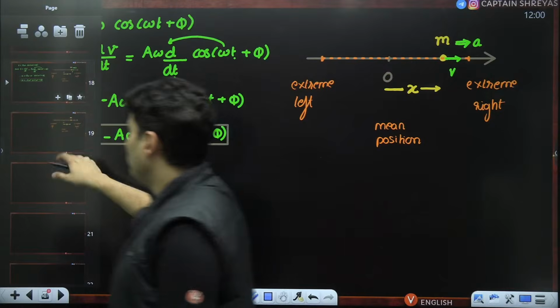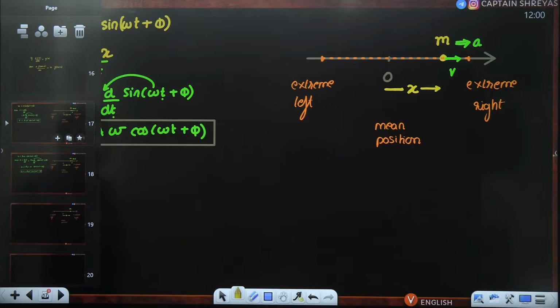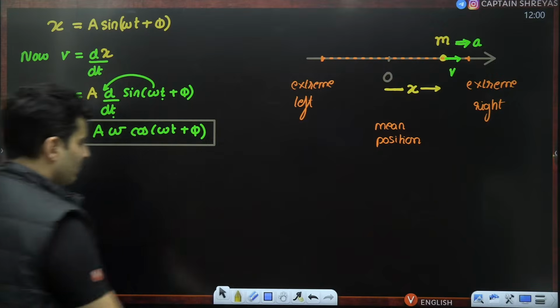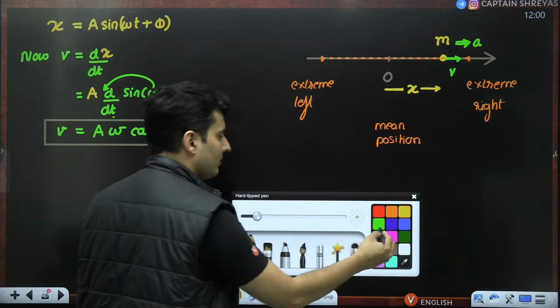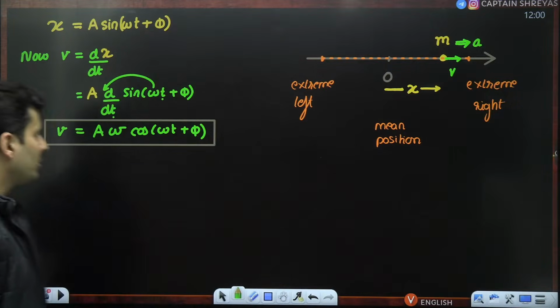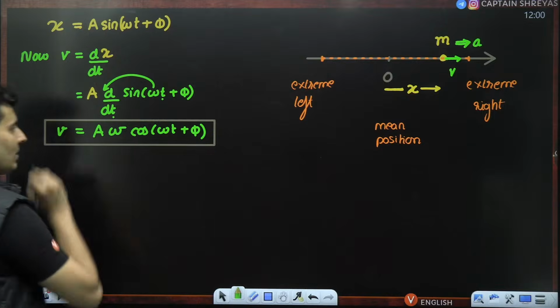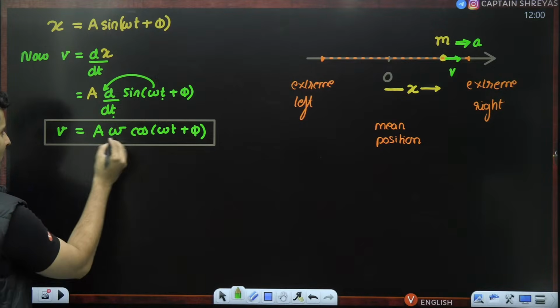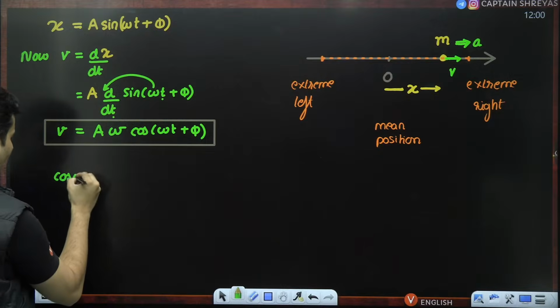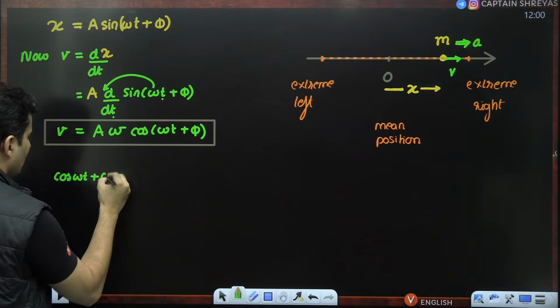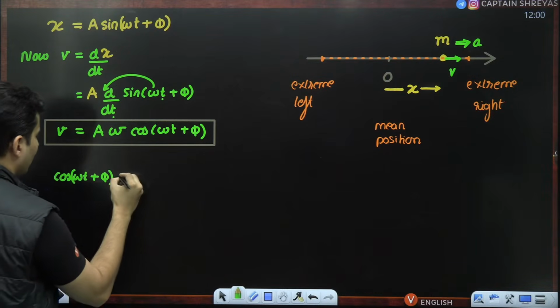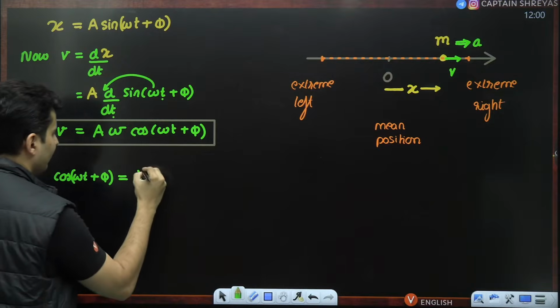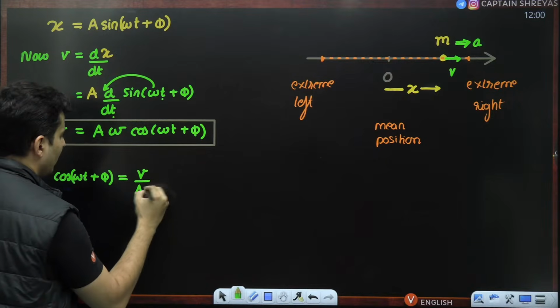Correct. So we found acceleration. We also found velocity. Now let's do one more thing over here. Let's proceed with this velocity and do something very interesting to it. Observe it very carefully, my dear students. I'm going to write cos of omega t plus phi, which will be v divided by a omega.